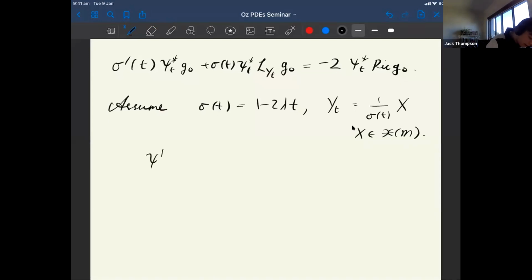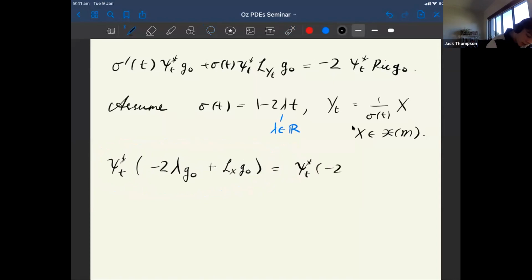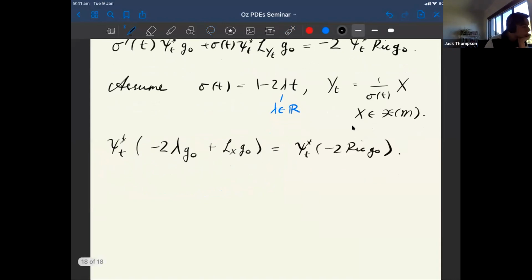So on the left-hand side, it simplifies to this. So here, I should say lambda is in R. And on the right-hand side, I get this.